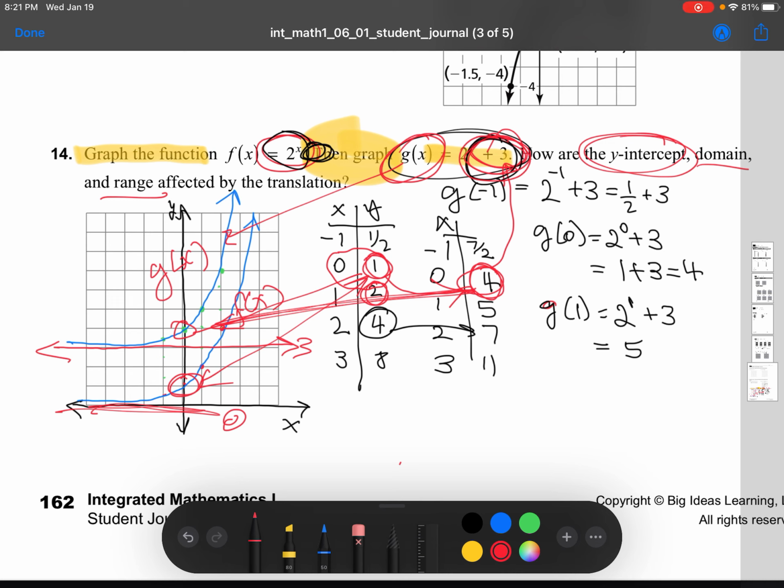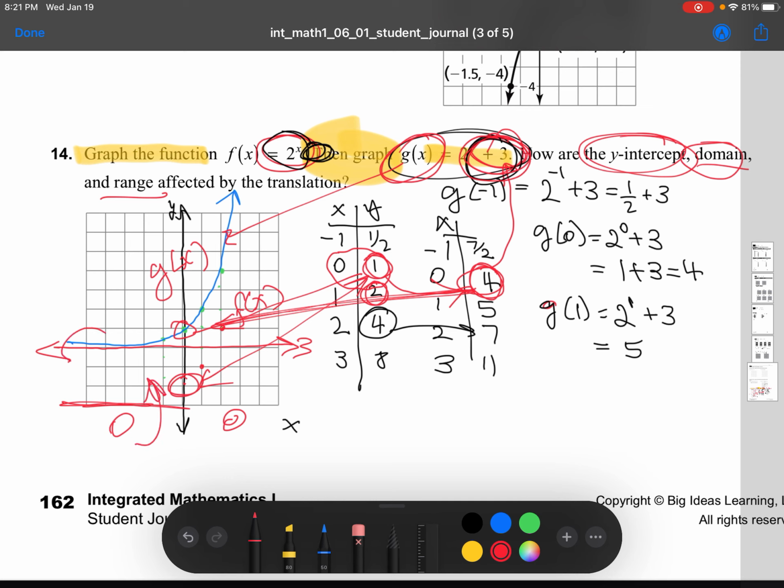The domain, remember my secret? The domain doesn't change. The domain is all reals for both. Because the ones that we're doing in this unit are all the same in terms of domain. But now if we talk about range, now we're having a different story. Can you see that f of x starts at its lowest value, which was 0, and then goes to infinity and beyond.